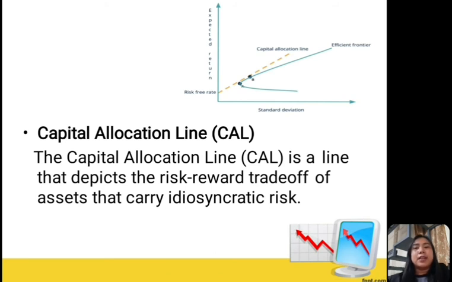The slope of the capital allocation line is called the Sharpe ratio, which is the increase in expected return per additional unit of standard deviation. In the chart, at point P, the reward to risk ratio is the highest, and it is the combination that creates the optimal portfolio according to the modern portfolio theory.